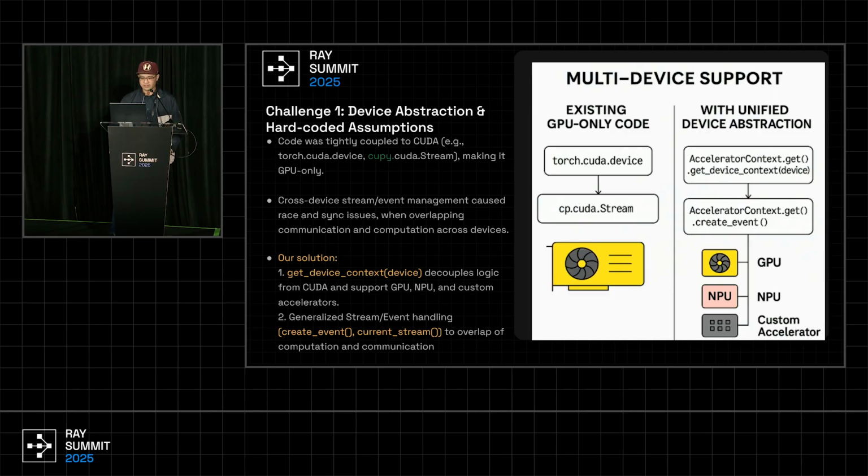If you don't handle these events correctly on hardware, when you try to overlap data and compute operations, it could cause your Ray actors to hang forever, or you get race conditions, which means your tensor output will be incorrect. So our solution was first to generalize the accelerator device context, and secondly, the stream creation API, so that any hardware can implement their own wrapper for these constructs.